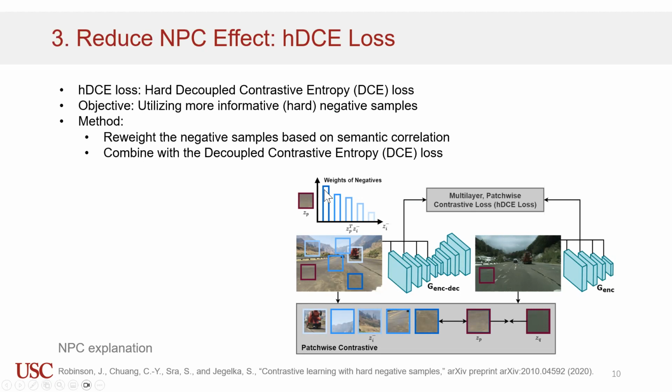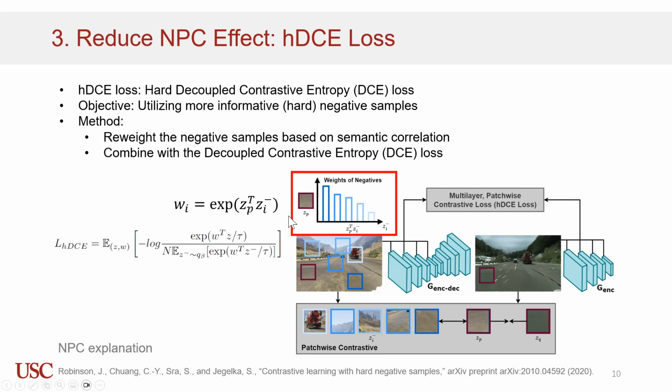Then in the loss function, we reweight the negatives based on their correlation to the query sample. And we also combine the loss function with the decoupled contrastive entropy loss to further reduce the NPC effect.